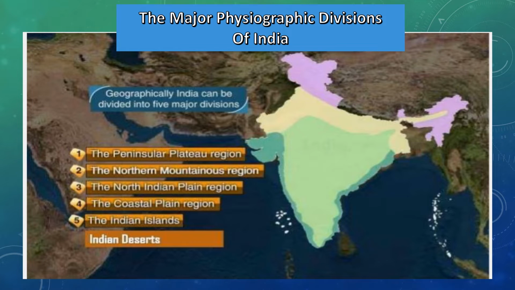One will be the Peninsular Plateau region. So it's this region, if you can notice. Everything to the south of this is your Peninsular Plateau region. This entire region is your Peninsular Plateau, what we always have known as the Deccan Plateau.